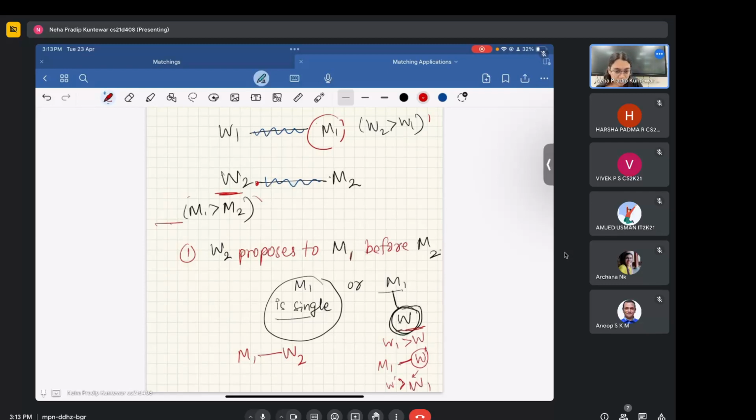In either case, suppose M1 is matched to W2, and at a later point W1 proposes to M1. Is he going to accept the proposal from W1?